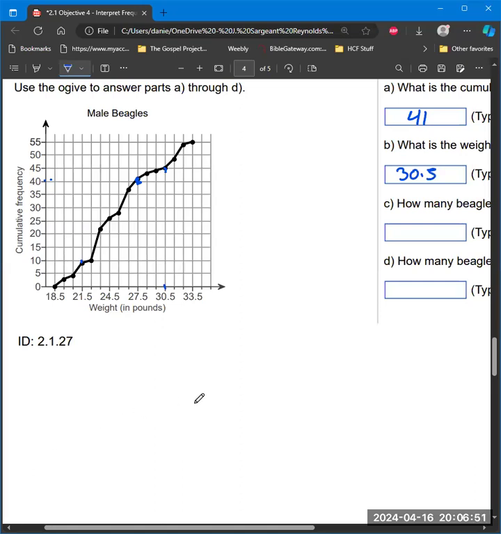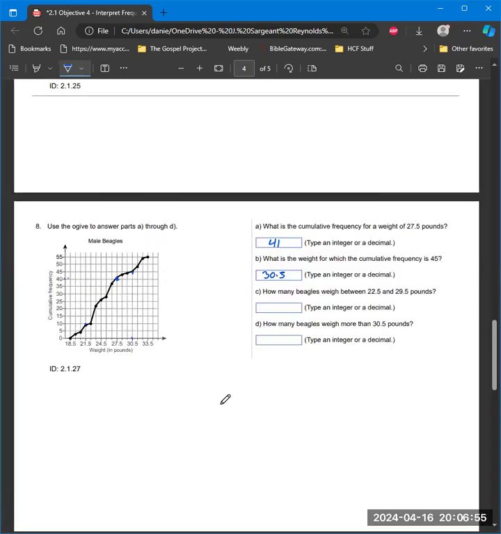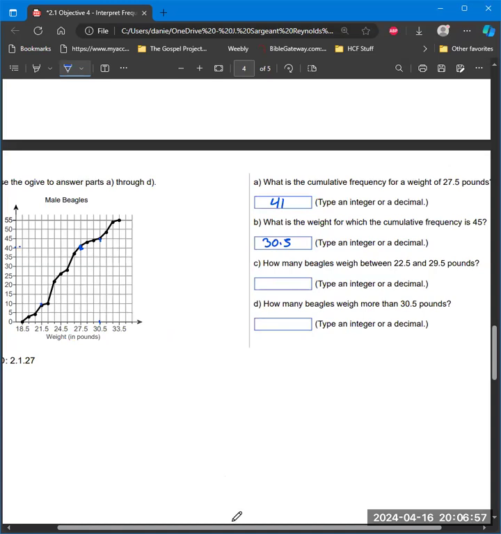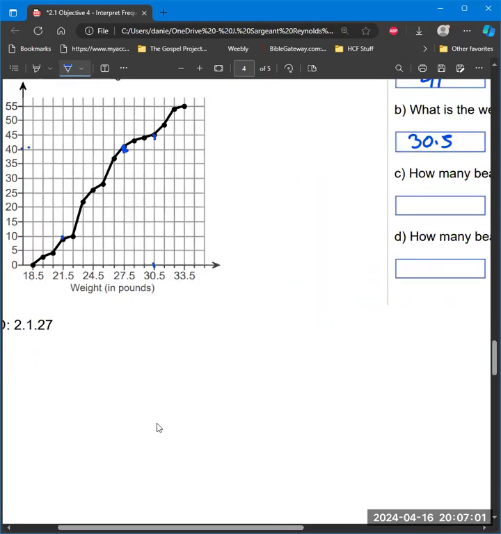Then it asks how many beagles weigh between 22.5 and 29.5 pounds. So 22.5 is right here, and 29.5 is right here.